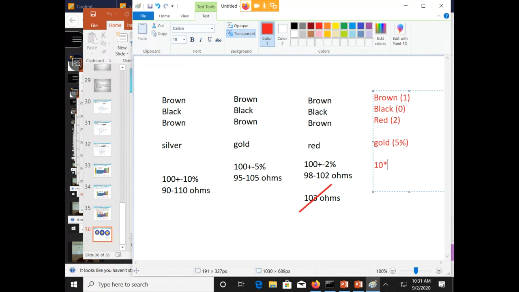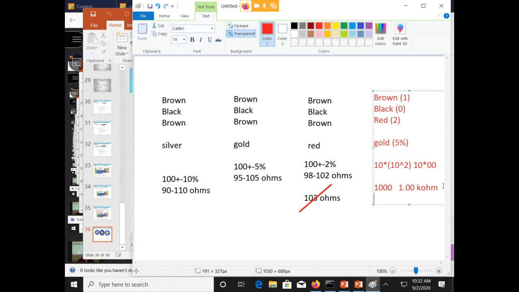So we would have 1, 0 times 10 to the second power, right? So that would be 1, 0 times 0, 0. So a brown, black, red for the first three color bands is a 1,000 ohm, which would be a 1.00 kilo ohm resistor.